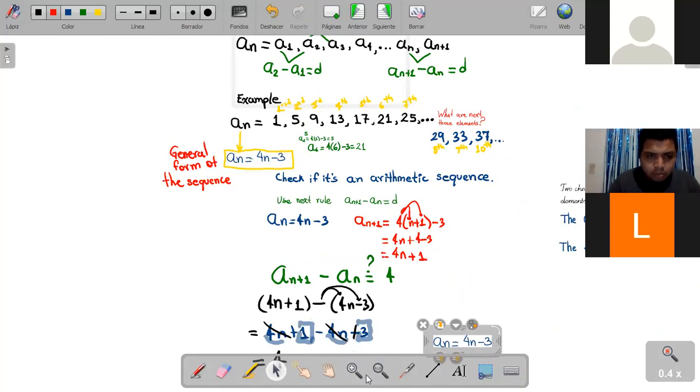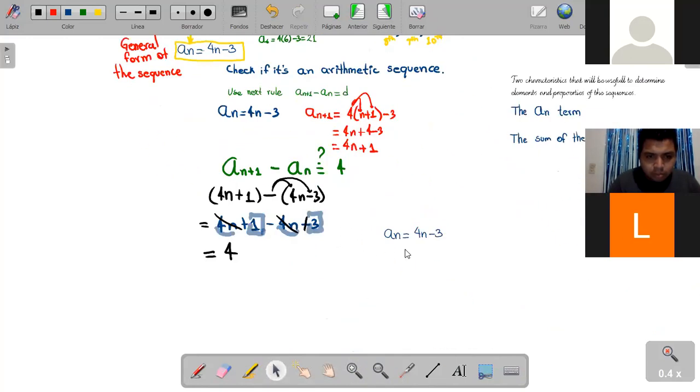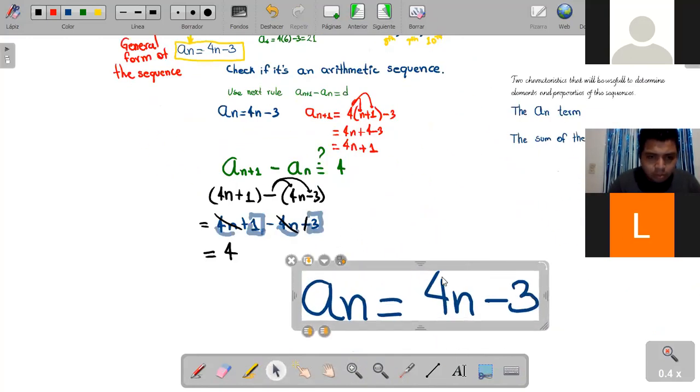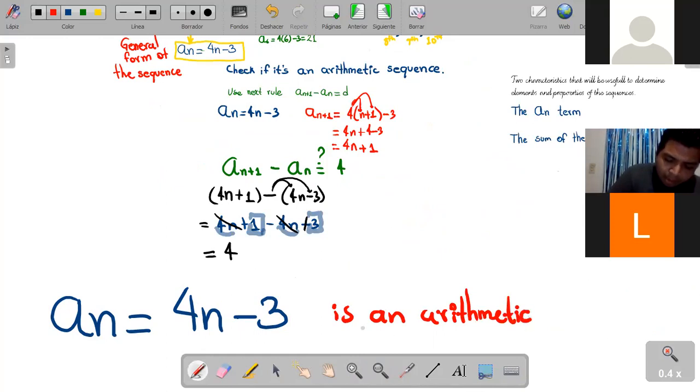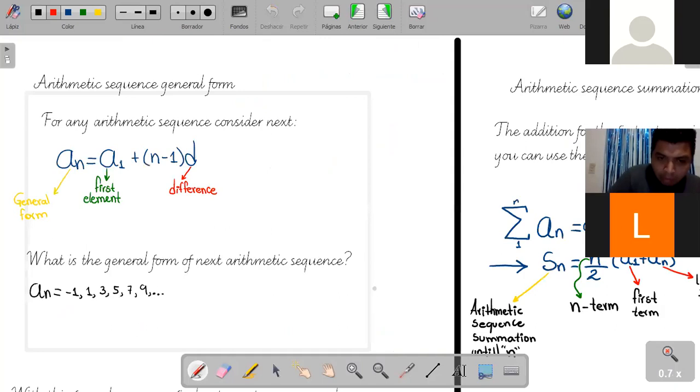It's an arithmetic sequence. Okay, you have to conclude it like that. We are 100% sure that this is an arithmetic sequence.